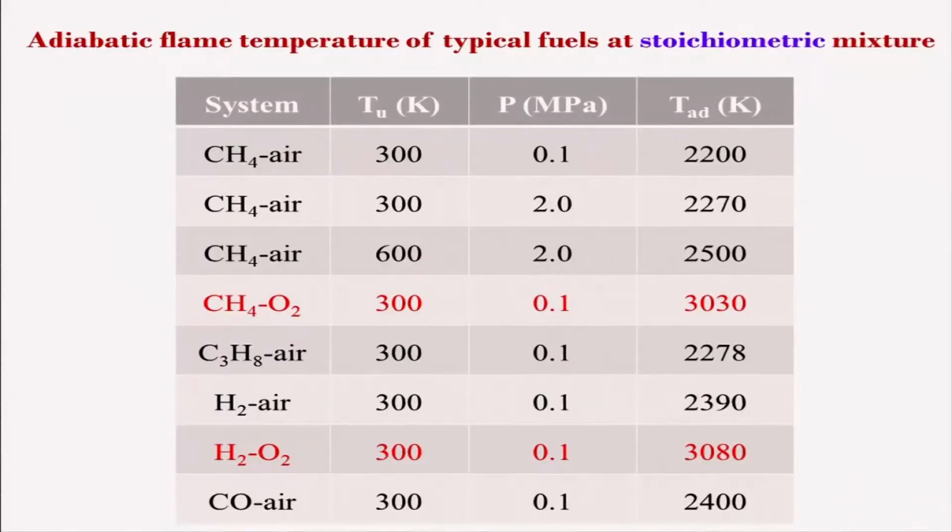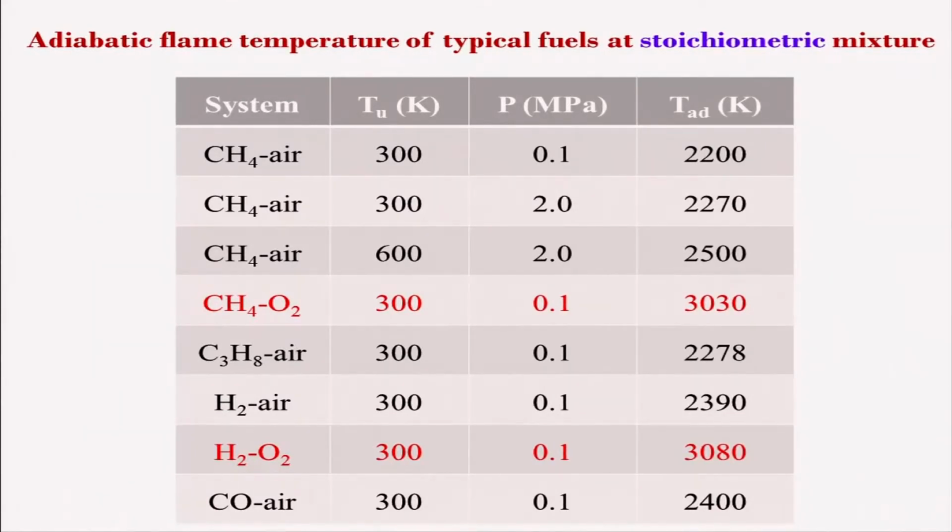So, if you look at, instead of methane air, if we are using methane oxygen, there is an increase in temperature for the same pressure and same stoichiometric mixtures, right. There is an increase in temperature.